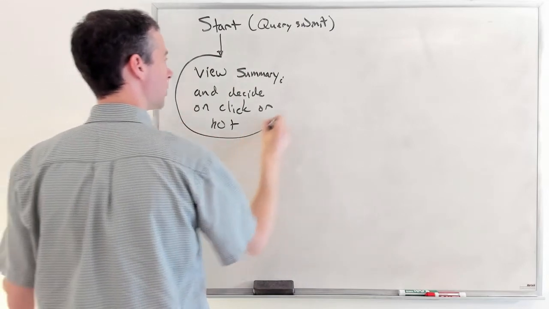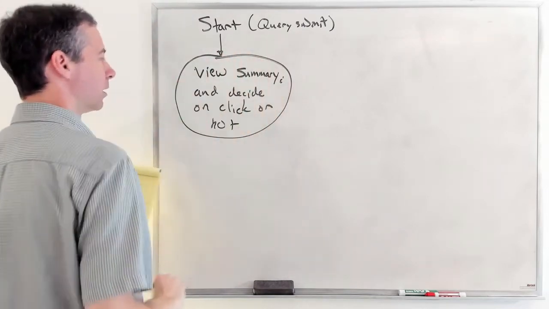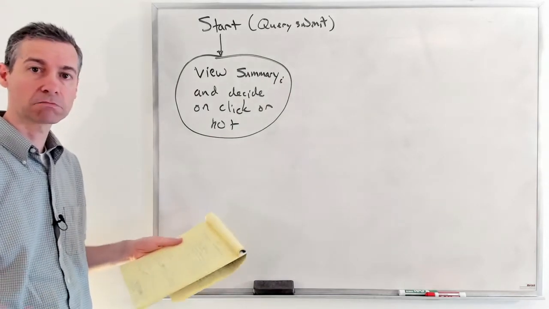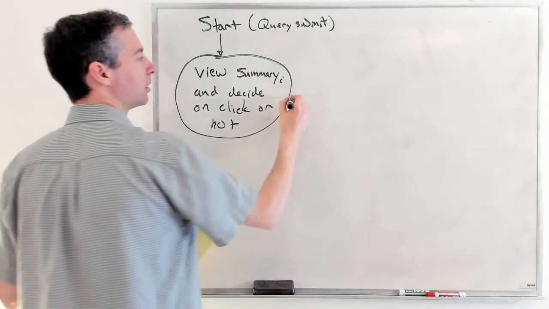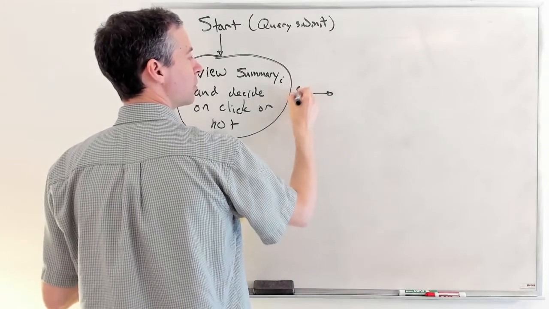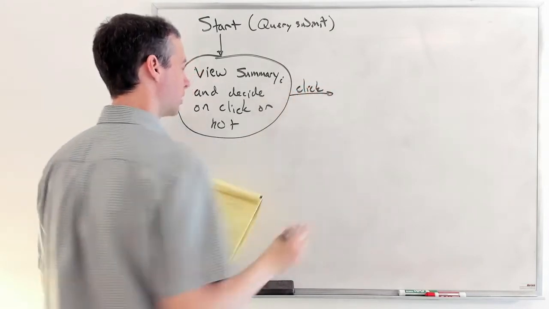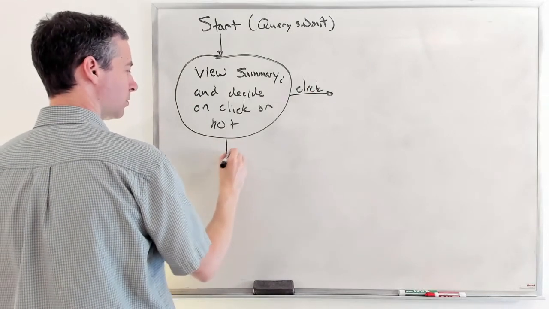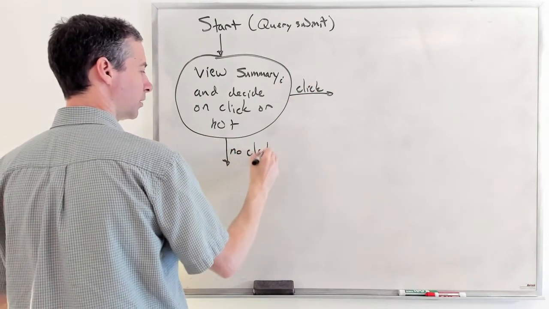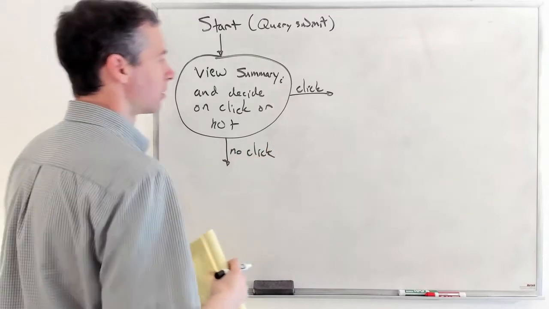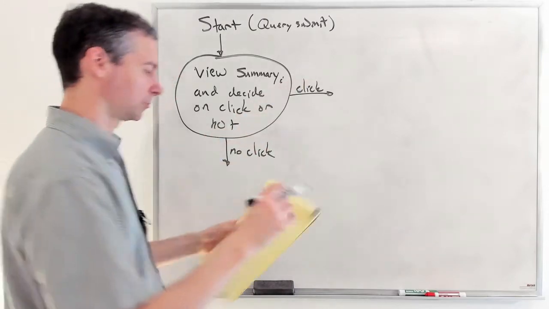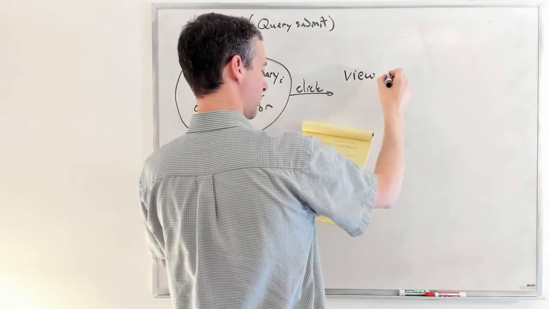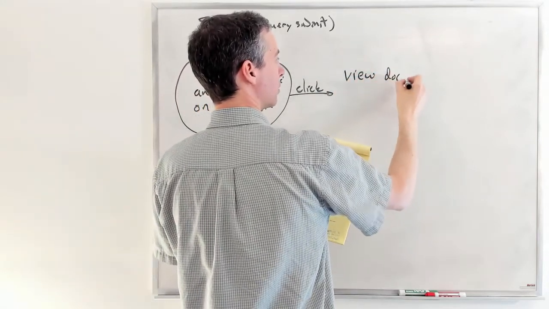Do I want to view that document or not? All right. So let's say they decide to click on it. All right, great. So they make a motion, they actually click on it. The alternative is for them to do no clicking. All right. So if they click, well, that means then they're going to be taken to a page where they can view document I.